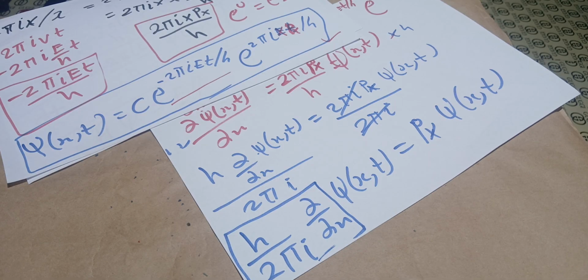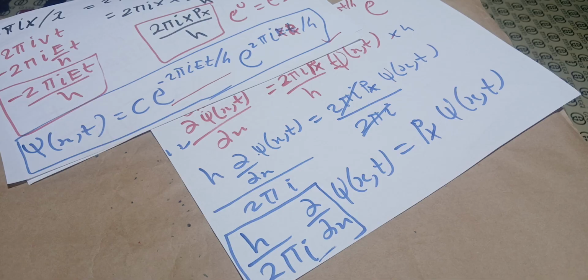So this is to tell you that if you have the wave function and you introduce the Planck and the de Broglie relation into it, and then you differentiate the result with respect to t, or time, you get the energy operator, right? The energy operator. But if you differentiate with respect to x, you get the momentum operator.